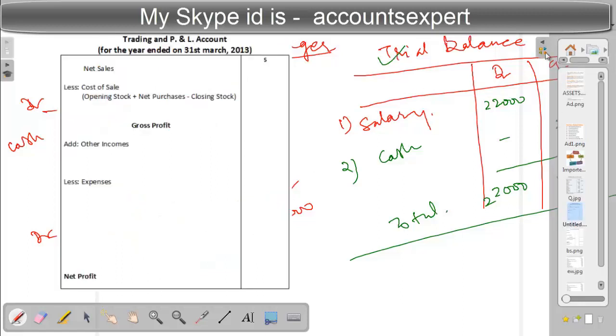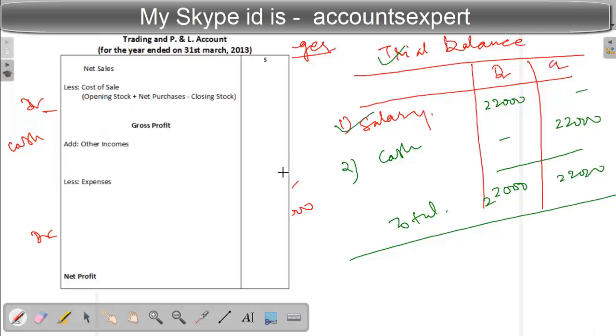This is our trial balance, and in the trial balance, tell me which is the first item? Salary. So I will write salary in the expenses. I will take salary from the trial balance and write it here. What is the amount of salary? I will write 22,000.